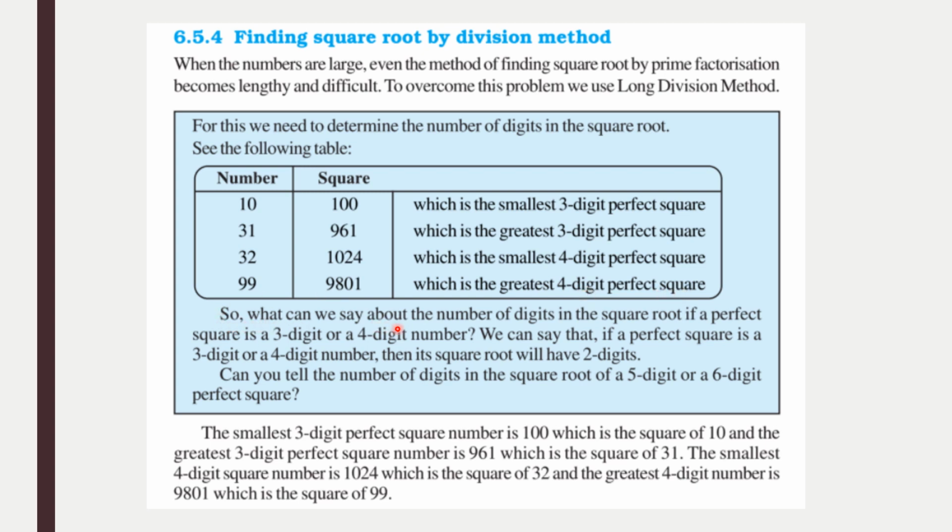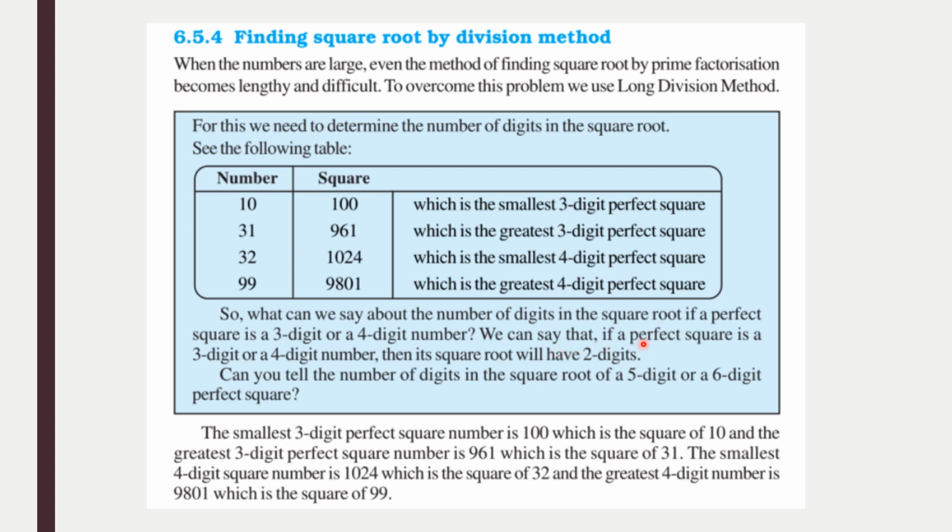So what can we say about the number of digits in the square root if a perfect square is 3-digit or 4-digit number? If it is 3-digit, square root has 2 digits, and if it has 4 digits, then its square root has 2 digits. Okay, so 3 or 4, the square root will have 2 digits.